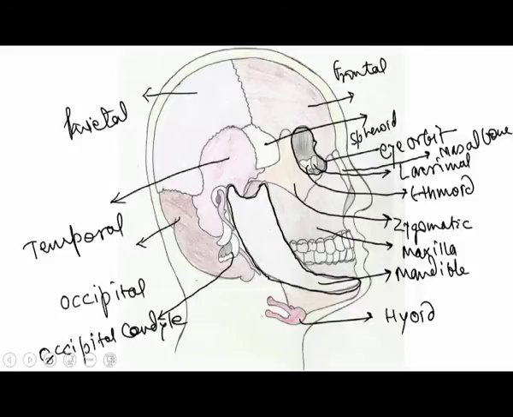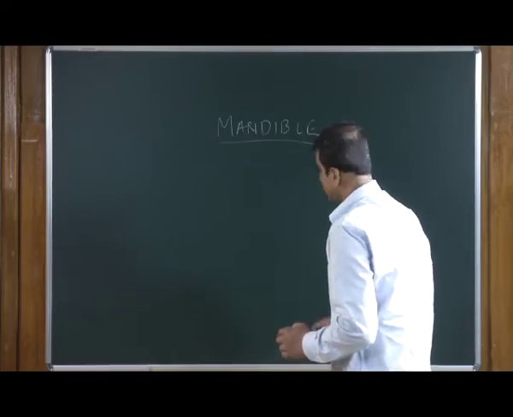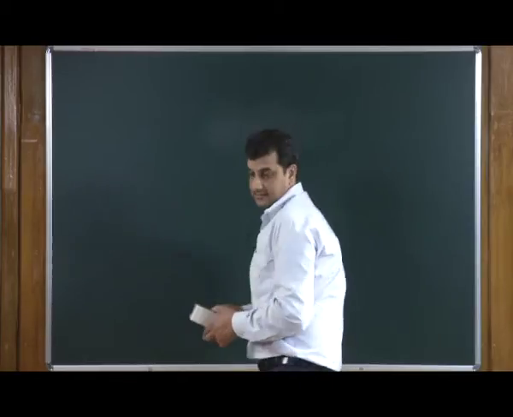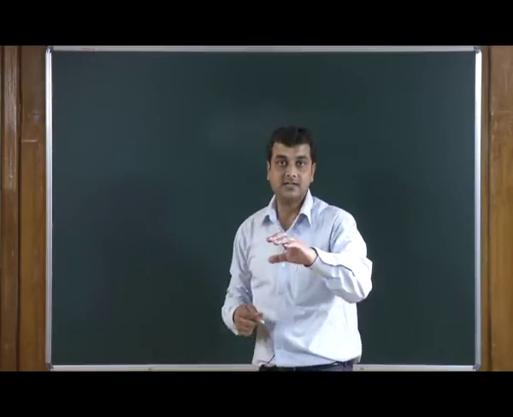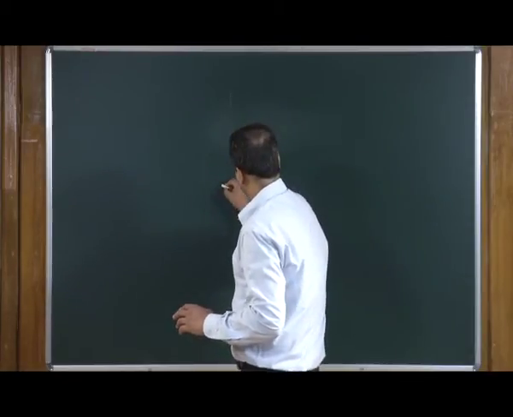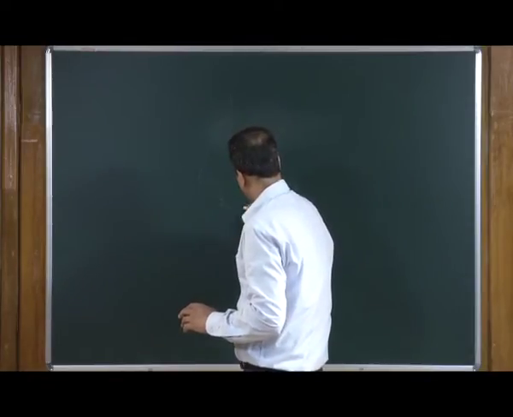So, let us discuss how these nasal bones are involved. Suppose you draw a nostril and then we have the jaw.